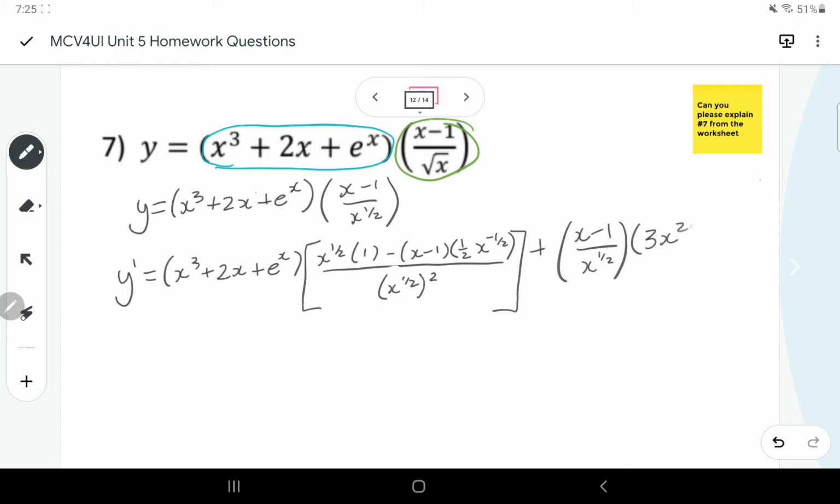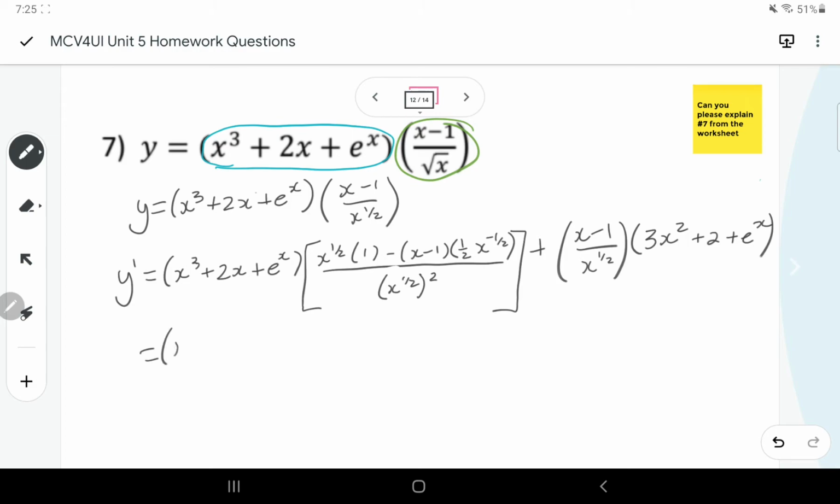So 3x squared plus 2 plus e to the x. So now it's this one that's really quite messy and likely going to cause us some problems to simplify, but I think we can do it.